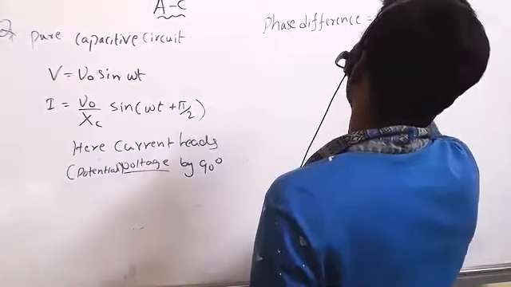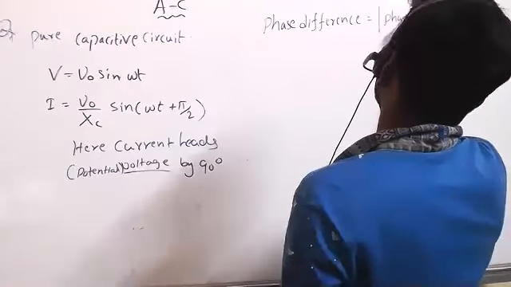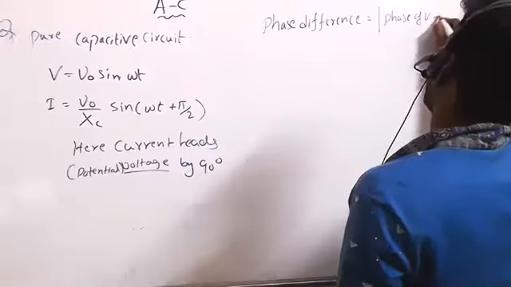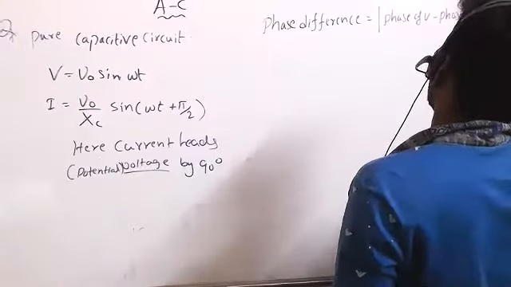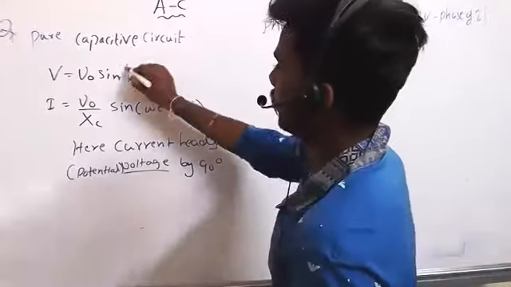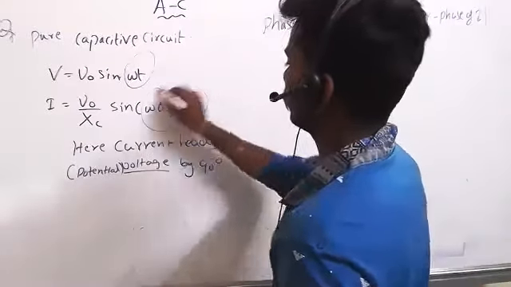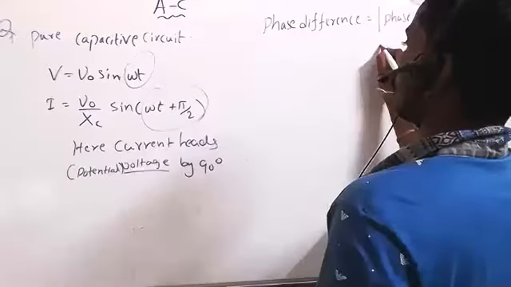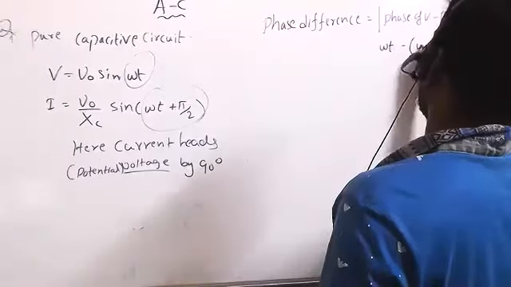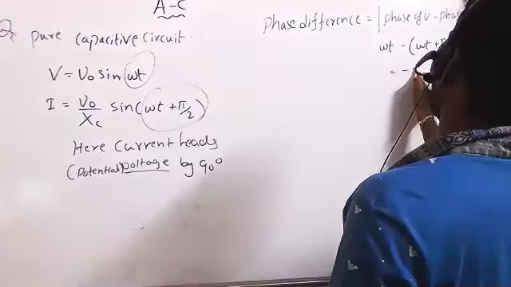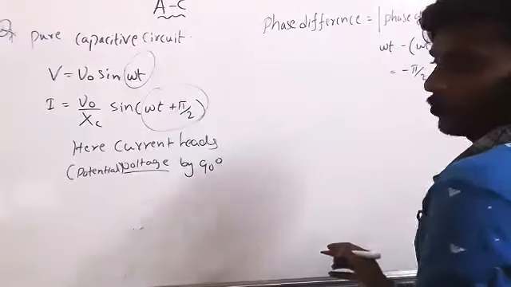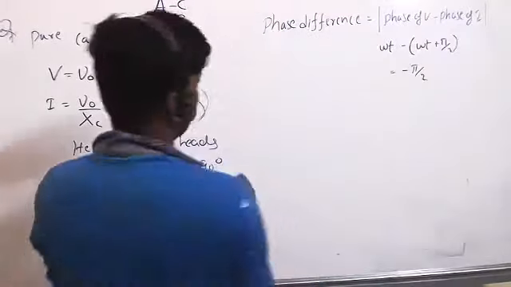Phase difference is equal to phase of V minus phase of I. Phase of V is omega t. So omega t minus omega t plus pi by 2. So finally we'll get minus pi by 2.